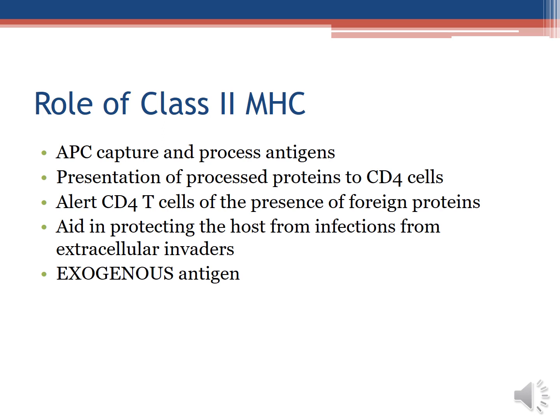This will alert our T helper cells in order to activate them to help stimulate our other immune cells to say, hey, there's something going on. You need to start dividing, multiplying, and producing antibodies to this specific antigen that I have detected.